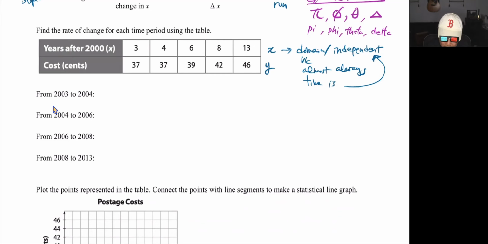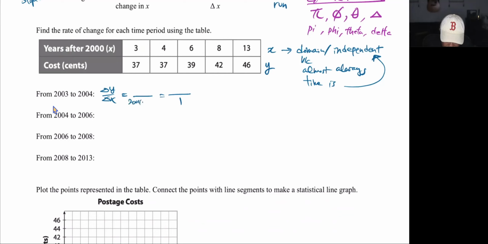All right. So from 2003 to 2004, what is my slope? Change in y over change in x, right? The way we would do that is subtract the difference of the two between these two. So we went from 3 to 4. So the difference is 1. But it's like 4 minus 3, right? But technically, it's actually 2004 minus 2003.